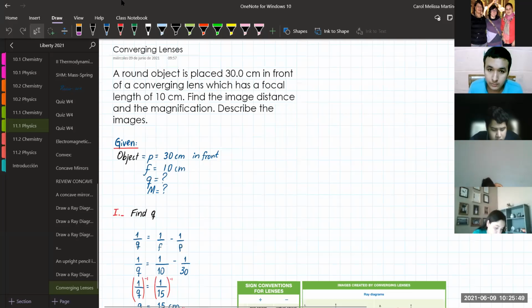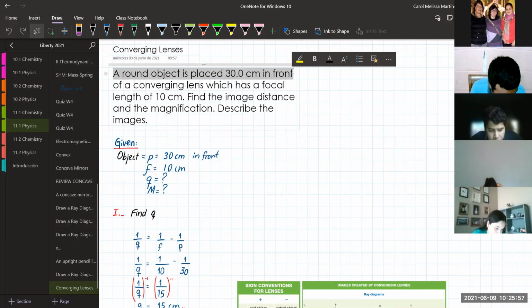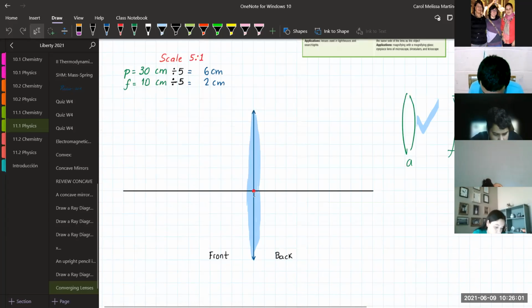So where is the object located? Is it in front or is it in back? Let's see. It says a round object is placed 30 centimeters in front. So in the front part, I will locate the round object. So my object will be placed in this side. But I need to place the points. I need my focal.